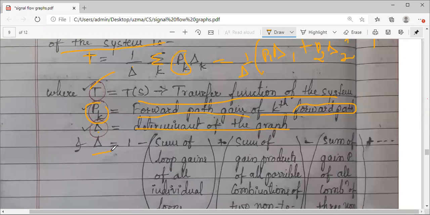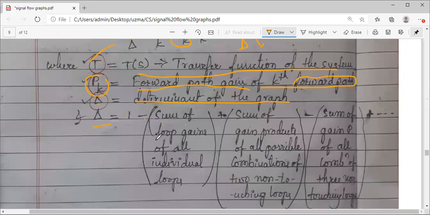And how will you calculate delta? Delta is 1 minus the sum of loop gains of individual loops. As I told you, whenever we follow the steps in Mason's formula to determine the transfer function, we focus on the net gain values. Do you know what individual loops are?